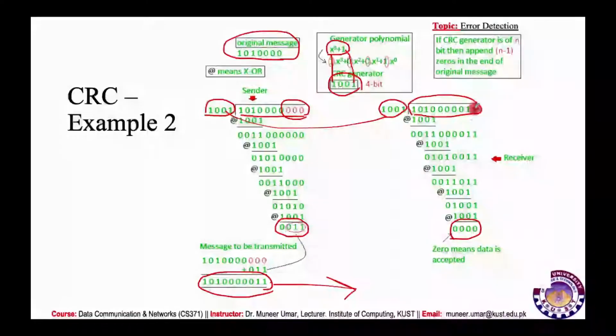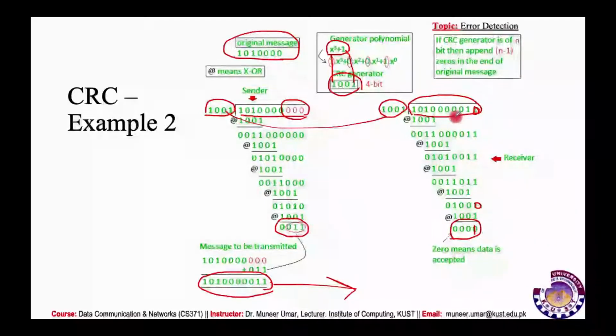Let's say this one is corrupted or changed during the transmission. The actual value is 1, and here we have 0. So what will happen here? This would be 0, and at the end in the remainder we will have 1, which is representing that the data has been changed.